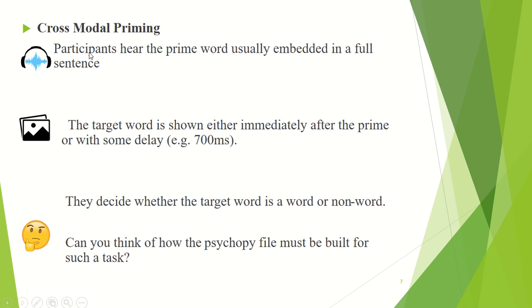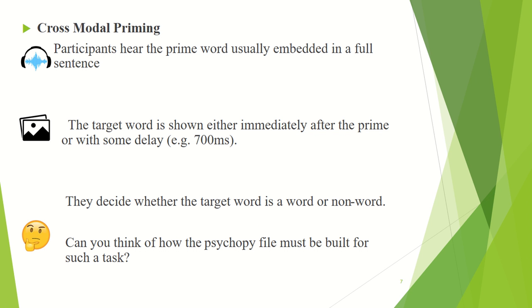The only difference between cross-modal priming and semantic priming is that in semantic priming, you see both prime words and target words, but here you hear the prime word within a sentence, and then you see the target word on the screen. But again, at the end, you decide whether the target word is a word or non-word.